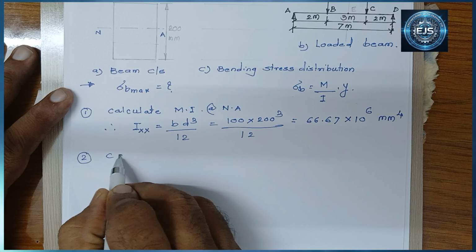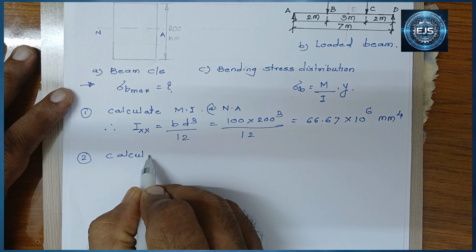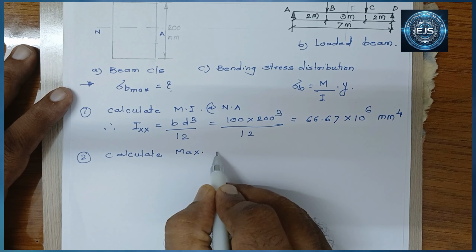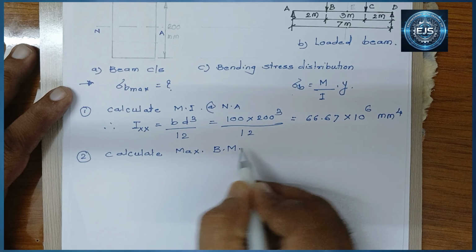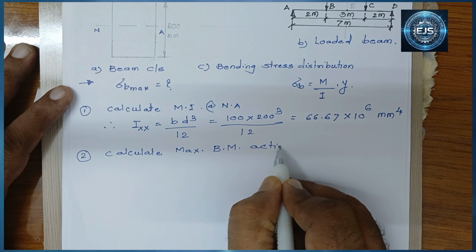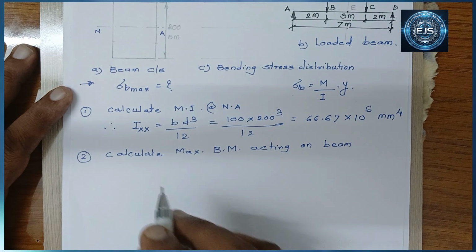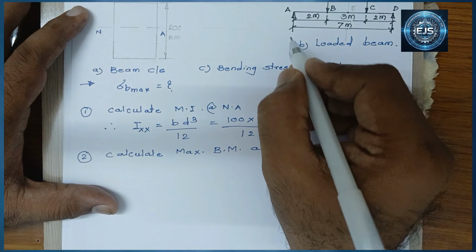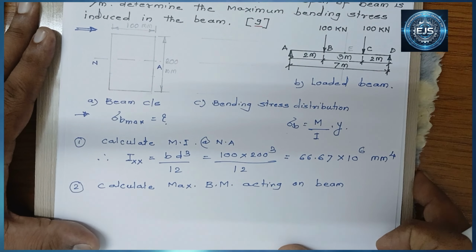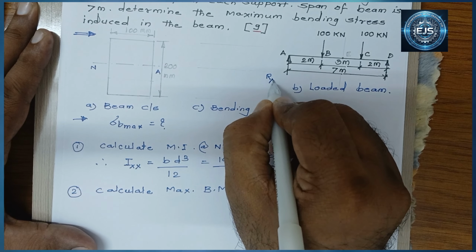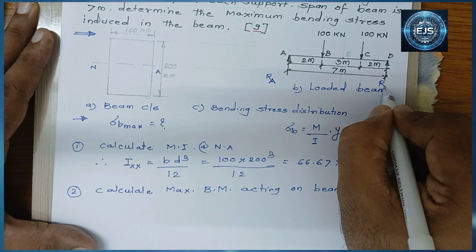So the second step is to calculate the maximum bending moment acting on the beam. To calculate the maximum bending moment acting on the beam, we have to first find out the reactions. This is reaction RA and this is reaction RD.